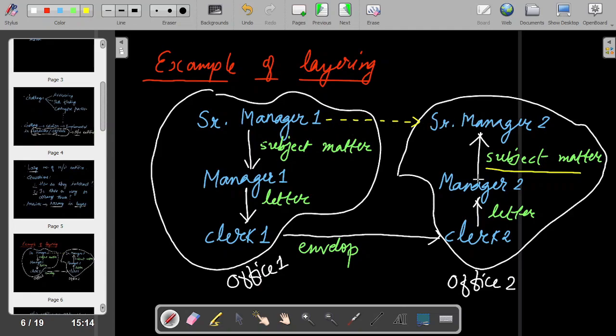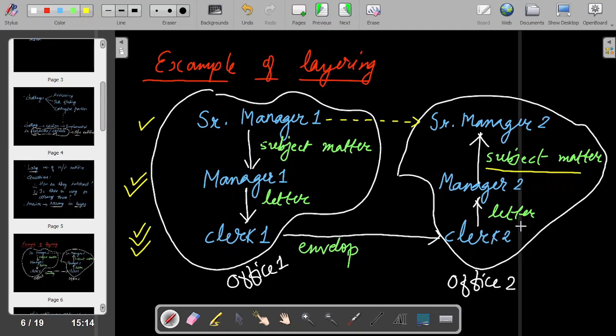But if you observe the path that the message has followed, the message originated from senior manager 1, in terms of discussion between senior manager 1 and manager 1. Manager 1 prepared the letter, and then the letter was packed in an envelope. On the receiver side, the journey was from bottom to top.